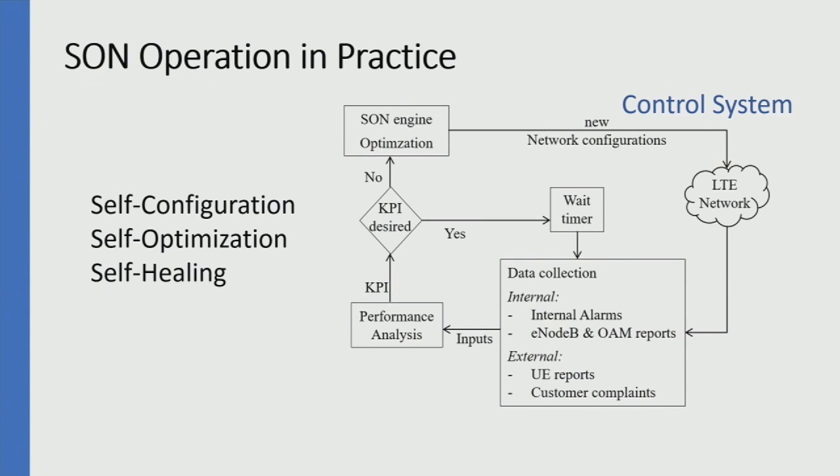Or internal alarms, for example, when a call is dropped, it means the call failed, and the base station stores some kind of information. Let's say 100 calls dropped, which is not a joke. So these kinds of signals or alarms are generated inside the base station and used for optimization purposes.